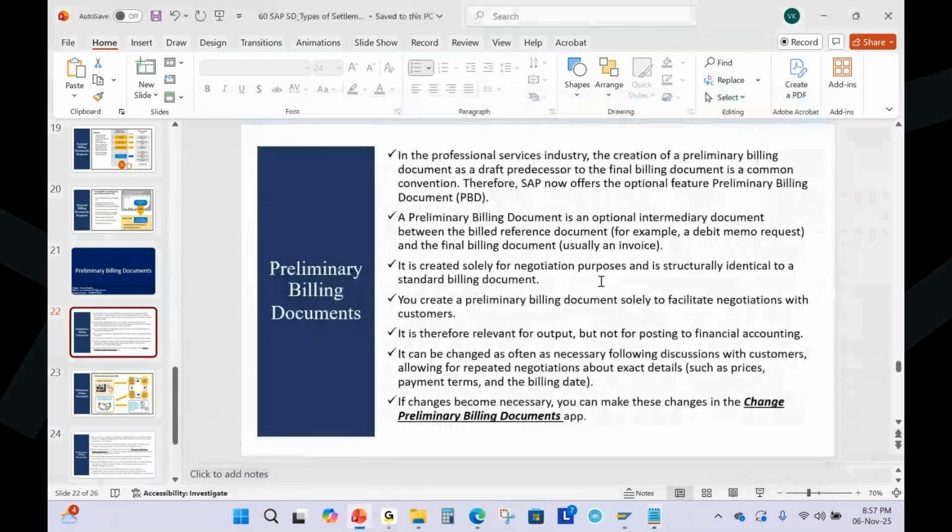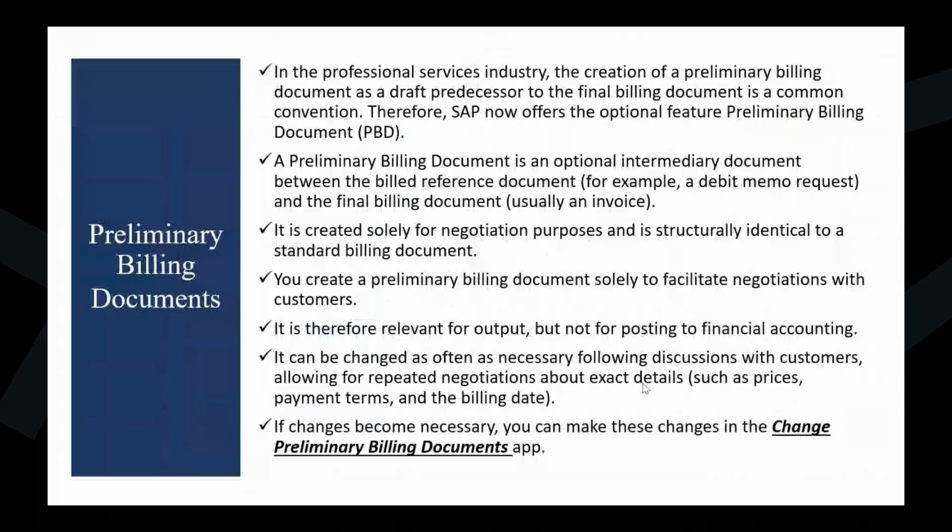Now the question is why it is created. It is created solely for negotiation purposes and is structurally identical to a standard billing document. So this is just for negotiation purposes, and it looks similar to your normal billing document invoice.